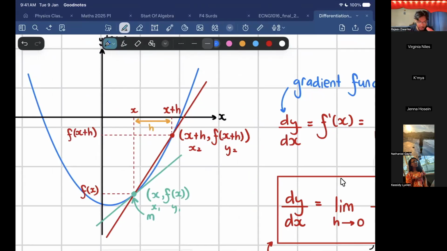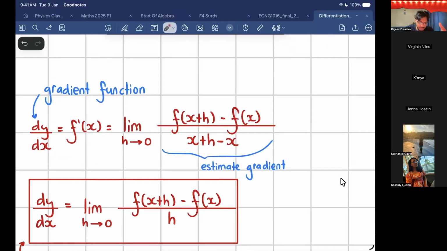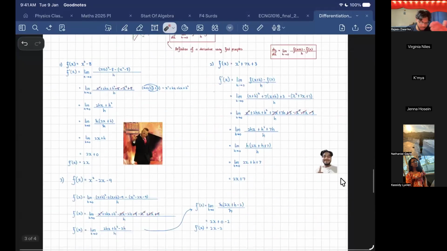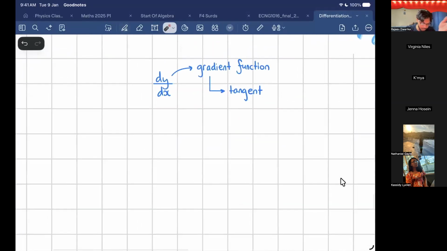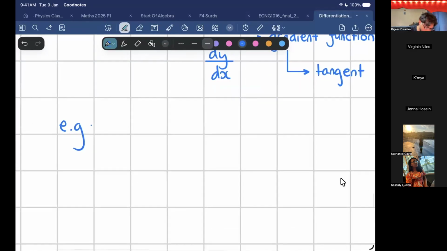And so the definition of the derivative is a limit as the distance between the 2 points becomes 0 of the regular gradient formula. So that's what the definition of a derivative is. So let's look at a couple examples, since we are done with first principles.